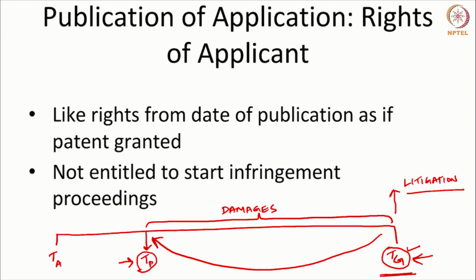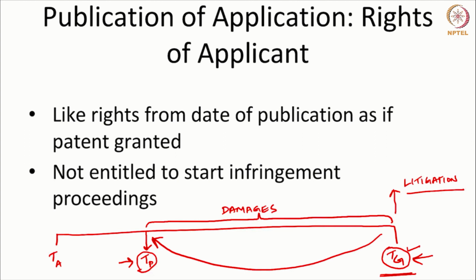So when you have the claims which are now being crystallized by the grant process, then an infringement suit can be filed. And again, in an infringement suit, the relief that you claim, you could ask the infringer to stop his acts, you could ask for damages as we have just seen, or compensation.